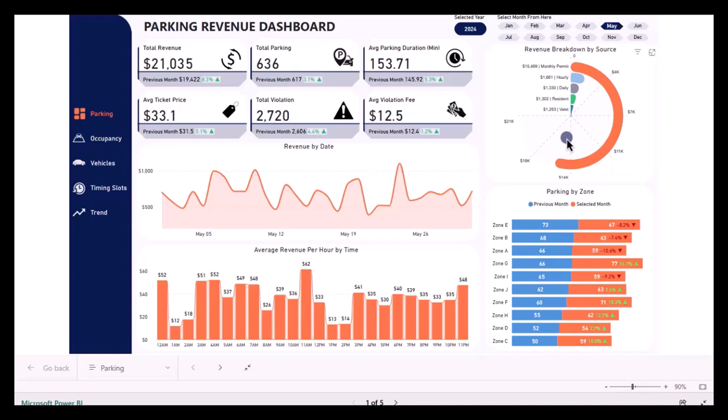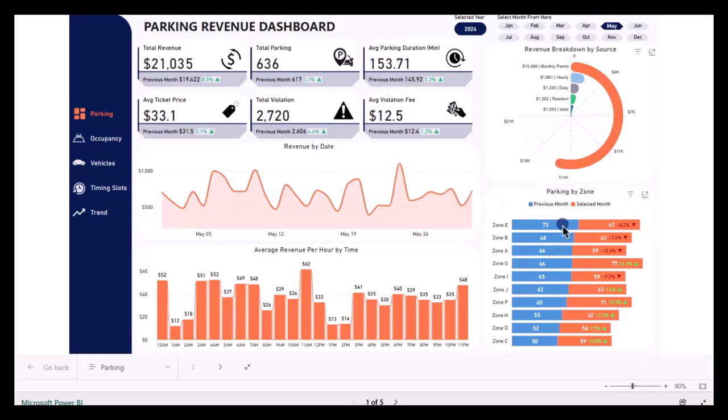Hourly and daily parking also contribute a significant amount here. Understanding these sources helps you focus on what's working. If monthly permits bring in most of your revenue, you might want to market that option more heavily.